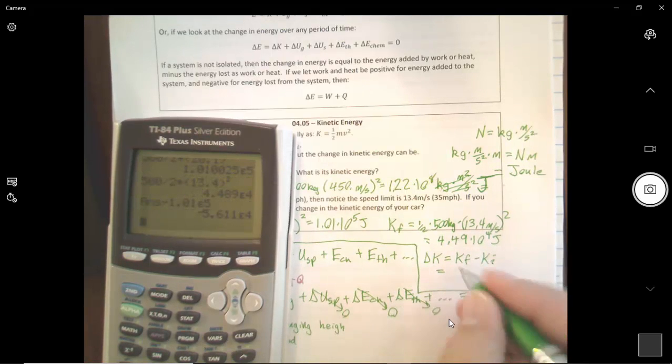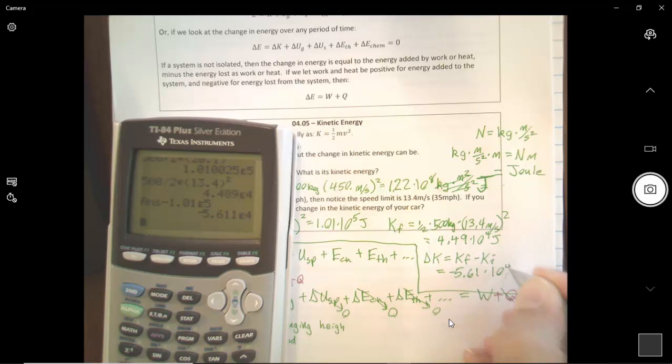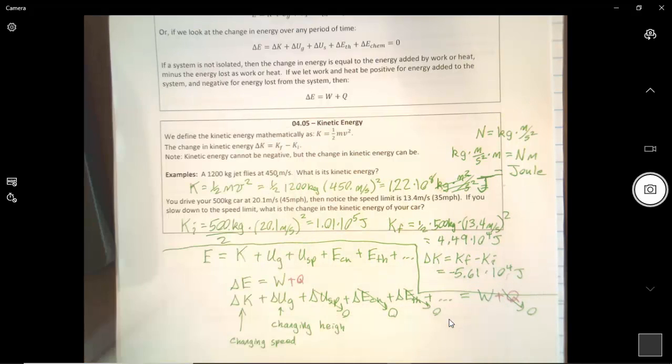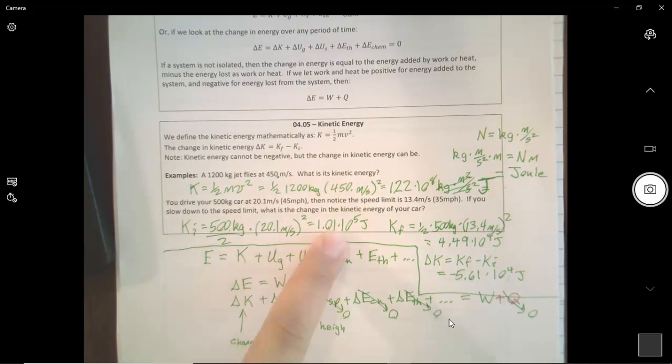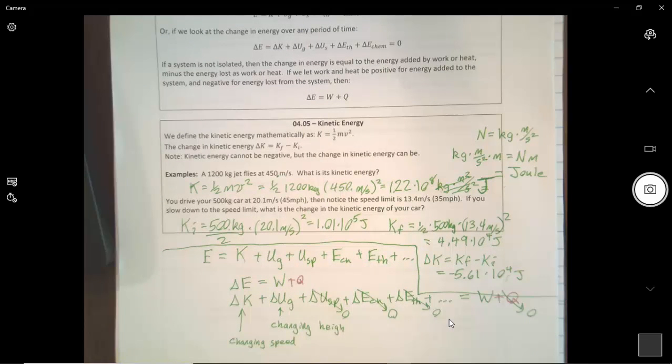And so we see that there's a net loss of, I can't read that number, joules. Negative 5.61 times 10 to the 4 joules. And it's fine that this number is negative because that is how much the kinetic energy is changing. It's dropping by that amount. You started with a high amount and you've ended with a lower amount.